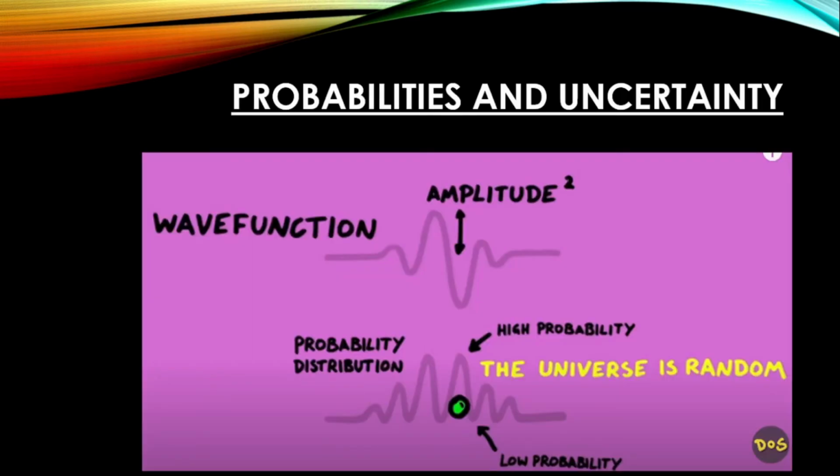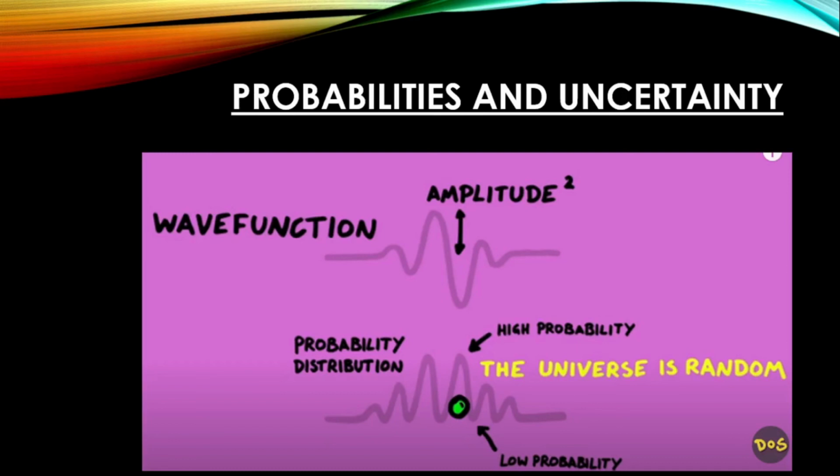So probability is uncertainty. What we are trying to uncover in quantum physics is to compute the probability distribution of the particle and a wave.